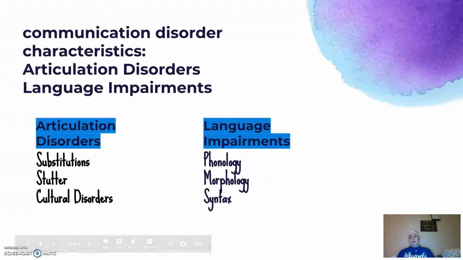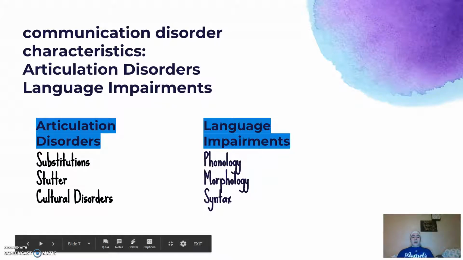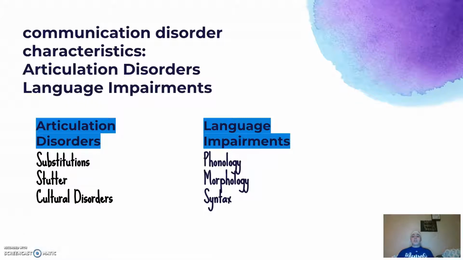And then you have language impairments. With these, you have the phonology, the morphology, and then the syntax. And the phonology is unable to discriminate between differences in speech sounds. The morphology, they have a problem using a structure of words to get information. And then syntax is involving the word order.